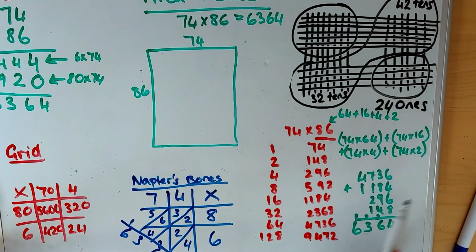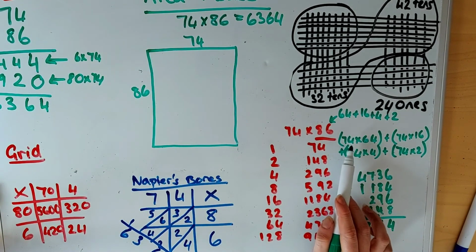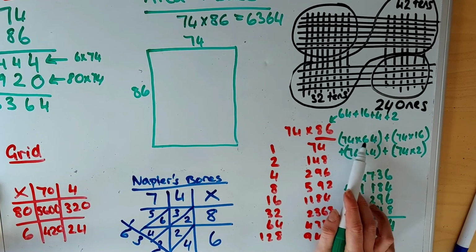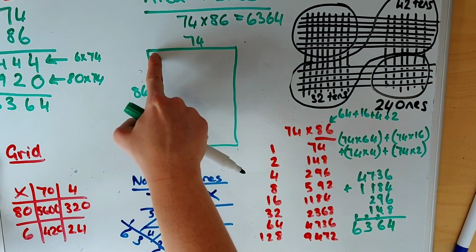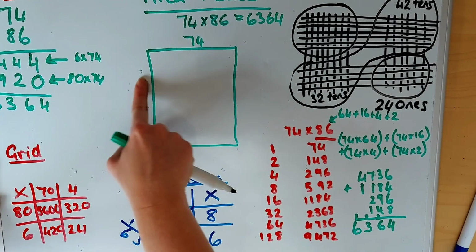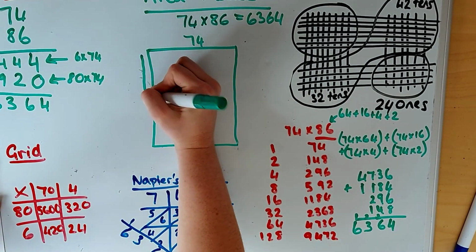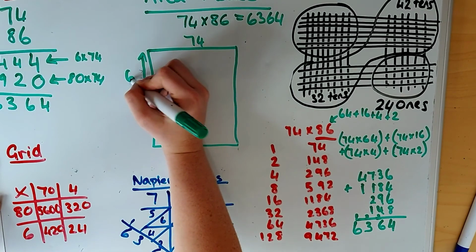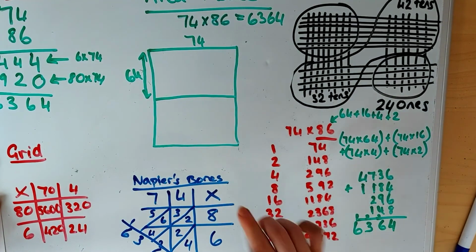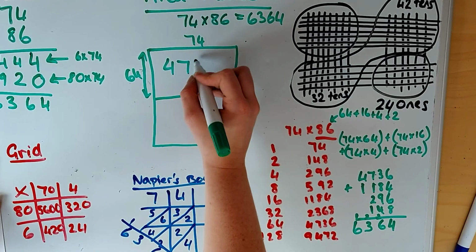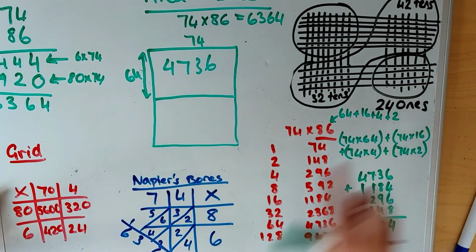So what I need to do now is I need to see, how does this relate to my area model? Well, I started off doing 74 multiplied by 64. So here's my 74, but I want 64 going down. So I'm going to take up this part, 64, and I know 74 multiplied by 64 is 4,736.